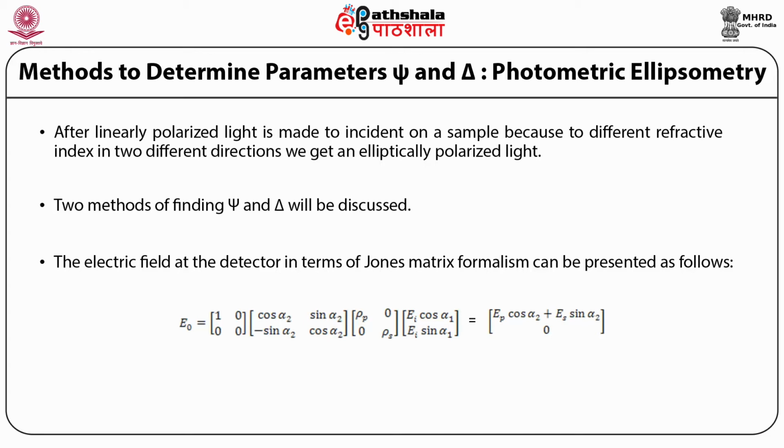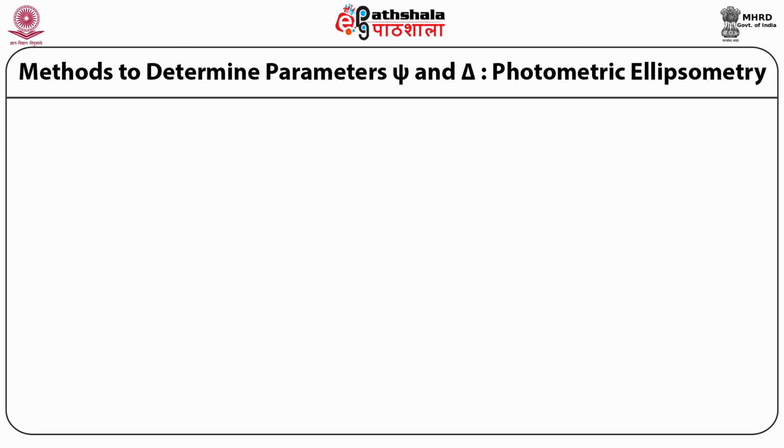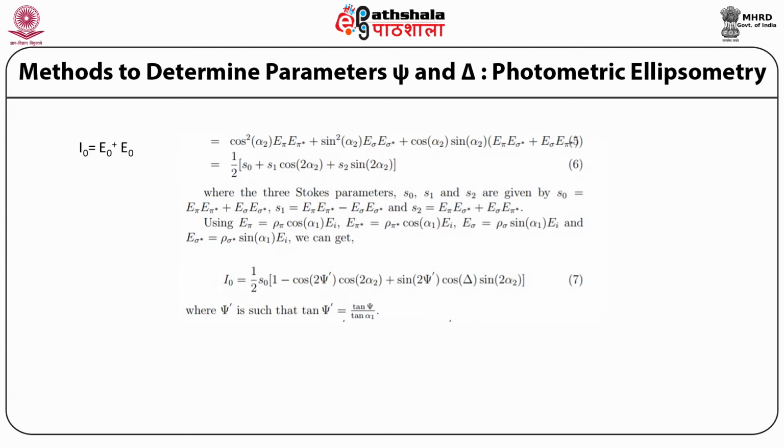This equals EP into cos alpha 2 plus ES sin alpha 2, and this equals another 2 cross 1 matrix with the first row element being EP cos alpha 2 plus ES sin alpha 2 and the second row element being 0. I naught is equal to E naught dagger into E naught.